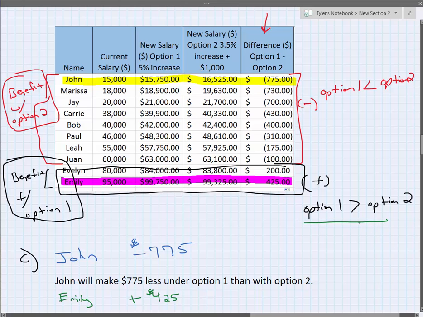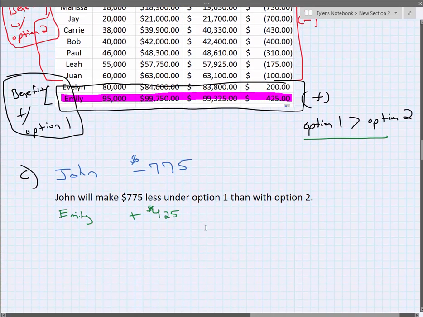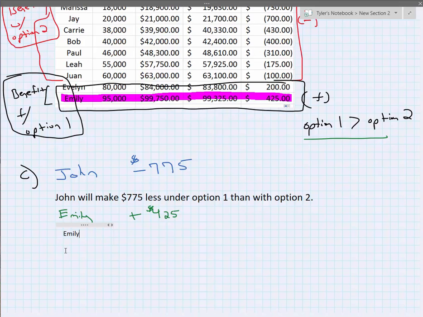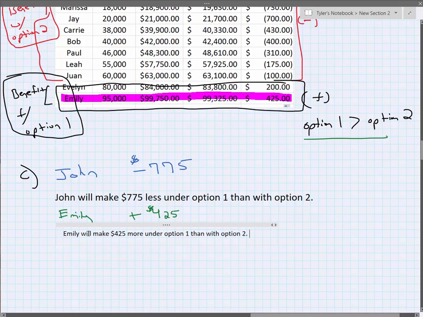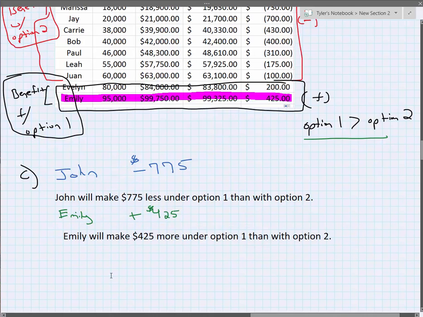If we wanted to write this in words, we could use a similar sentence structure. We could say that Emily will make $425 more under option 1 than with option 2, right? So that's what that value means.